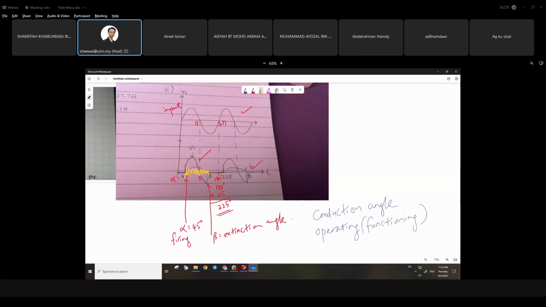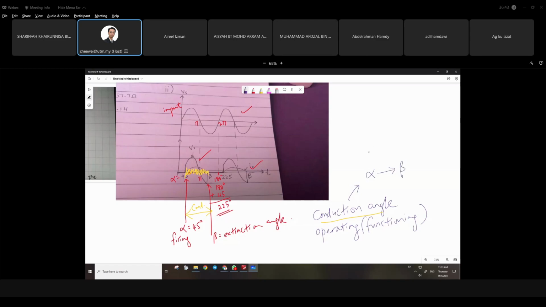So this is the angle meant by conduction angle. From alpha to beta. Because before alpha, it is not conducting. And when alpha starts, it conducts because current is flowing. And after beta, the current becomes 0, not conducting. So conduction angle basically is alpha to beta.